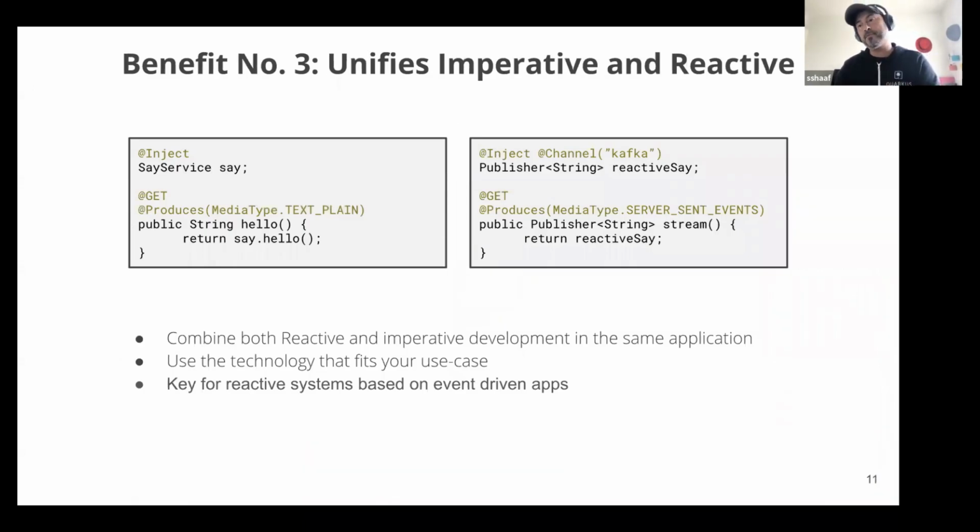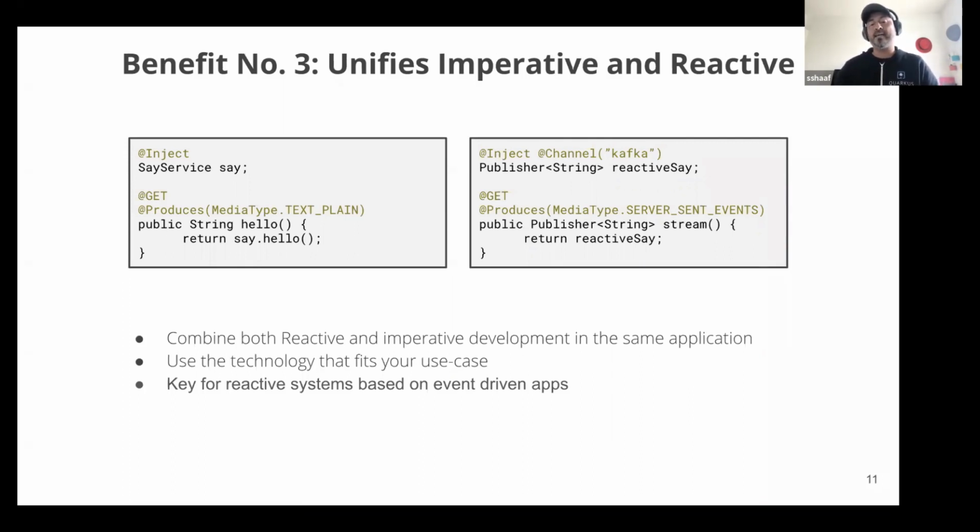The third benefit for Quarkus is it unifies imperative and reactive. So today you might think, hey, I want to do a reactive application, or part of my services should be reactive. You would typically create a different project, different Maven projects or artifacts for it. But with Quarkus, it actually has the core of Vert.x. So Vert.x is sitting under it. Vert.x is the reactive toolkit for developing reactive applications in Java.